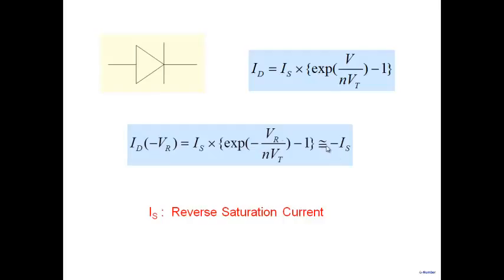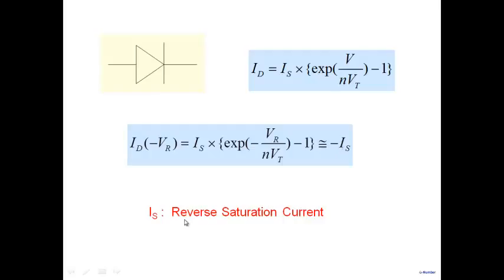Since this is independent of VR, whether I apply 1 volt, 2 volt, 3 volt, 4 volt, it doesn't really make a difference. ID remains IS. So we say the reverse current has saturated. Saturated means it's no longer changing with bias. And therefore, the term that we have for IS is the reverse saturation current.